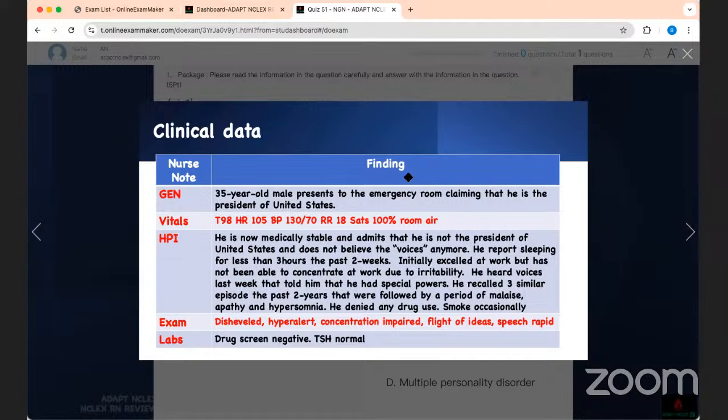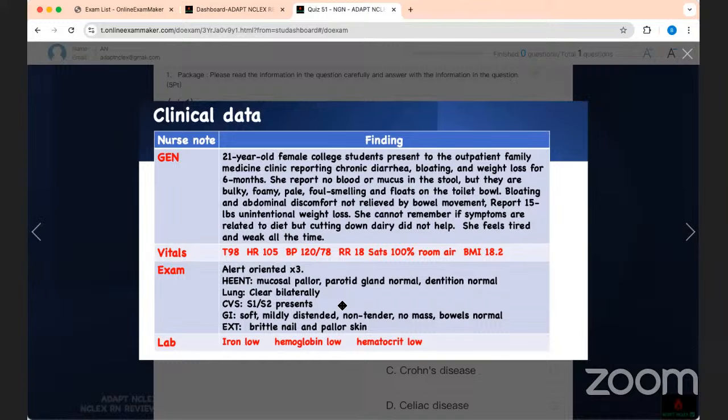The guy has changes in mood, irritability, rapid speech, hyperactivity, impaired concentration, is disheveled, and he has alternating with what? Apathy, hypersomnia, fatigue, and malaise for the past 2 years. This is a bipolar disorder. One word in the case study, go for the keywords and connect them.